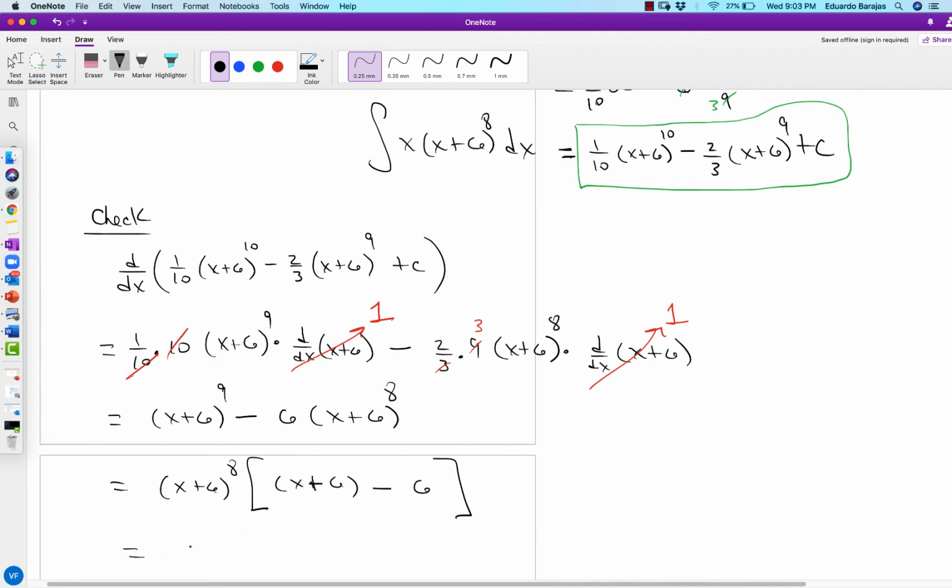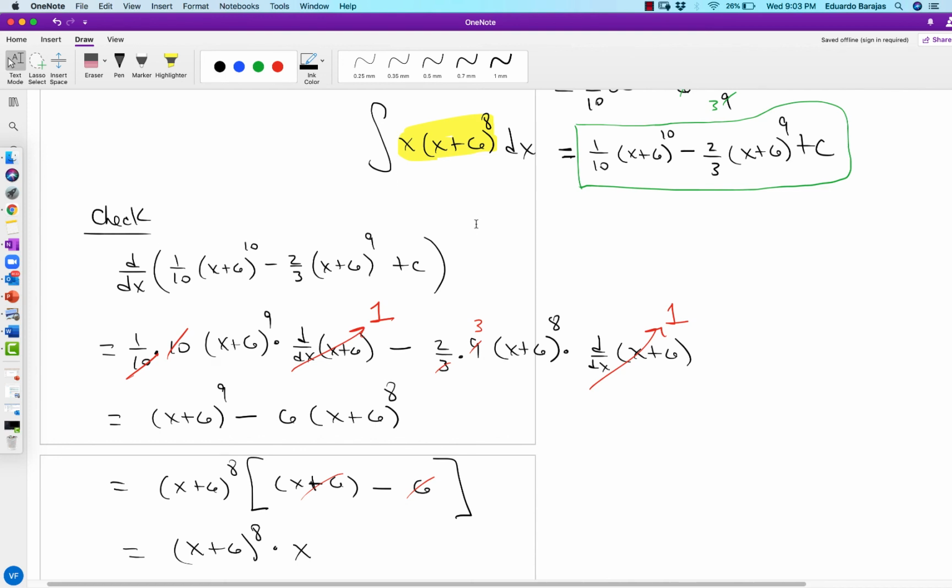And so now that becomes (x plus 6) to the power of 8 times, and then the plus 6 minus 6 cancel to give me just x. So that's exactly what we expected right in here. We've confirmed that the derivative of this function really does equal that.